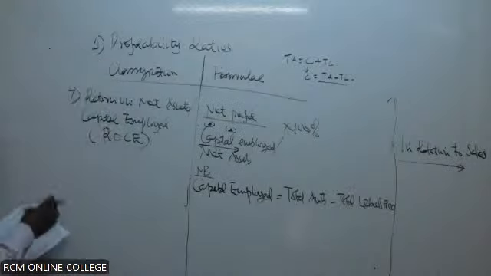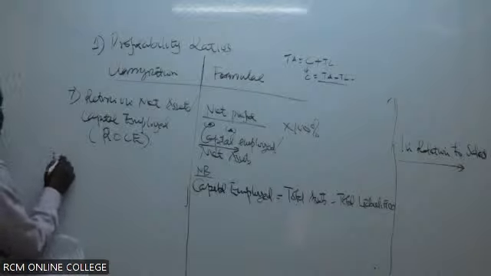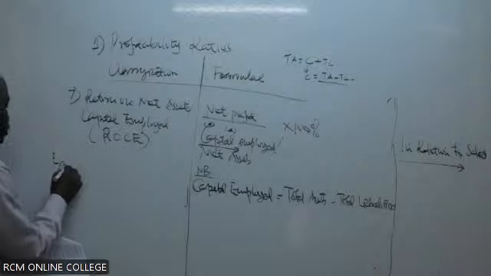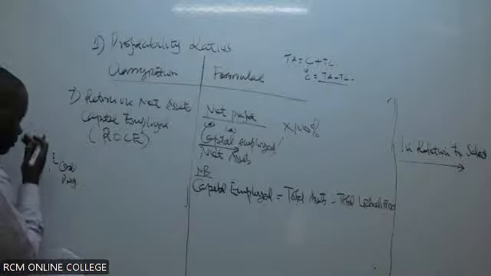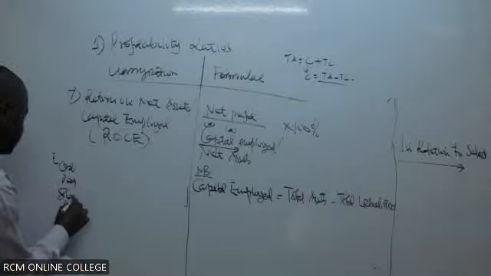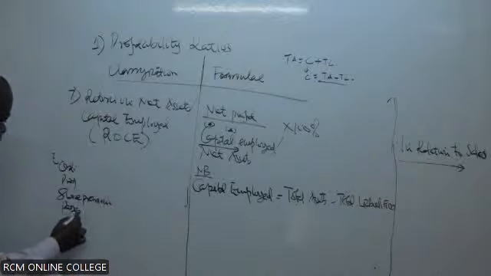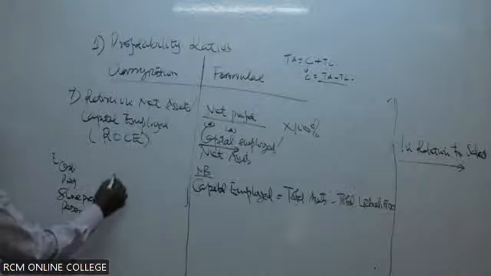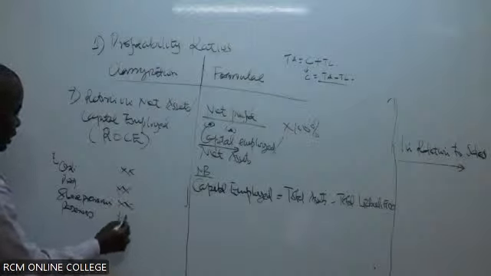In the balance sheet, under equity, they indicate capital and equity, maybe ordinary share capital, preference share capital, maybe debentures, share premium, and reserves. So let's assume these are the 4 elements in the balance sheet.